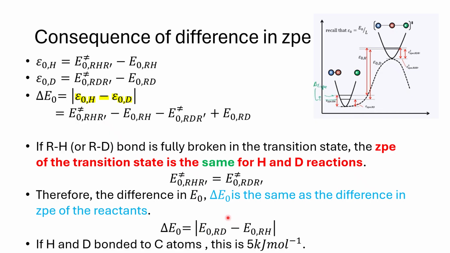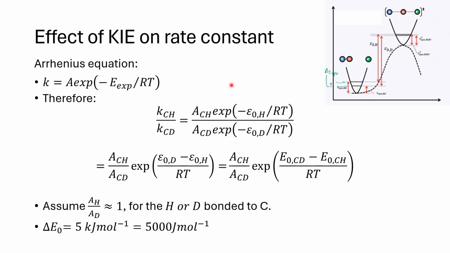And in the previous slide, we already evaluated one example whereby the zero-point energy difference between the RD and RH molecule is approximately 5 kilojoules per mole. From the previous slide, we have seen that the overall change in the activation barrier is determined only by the difference in the energy stored in the stable reactant bonds, not by the difference in the transition state.